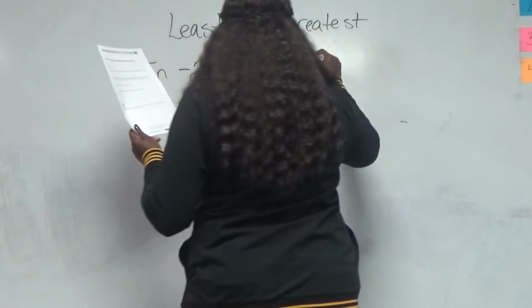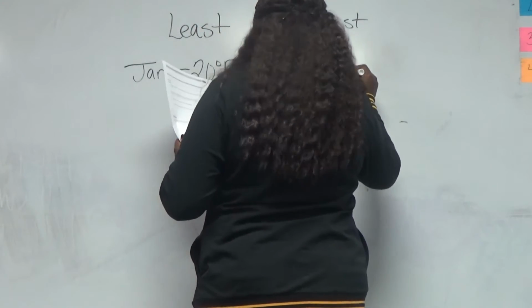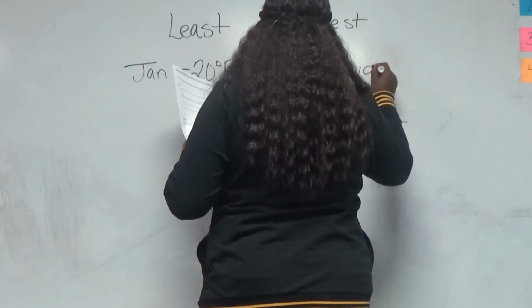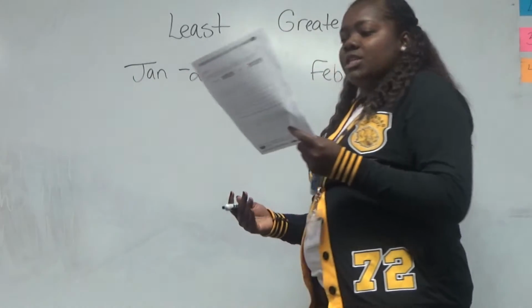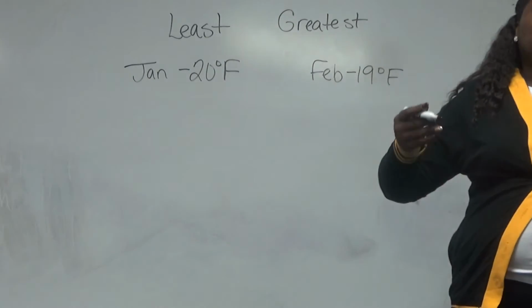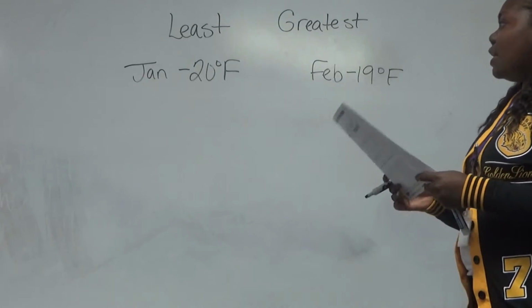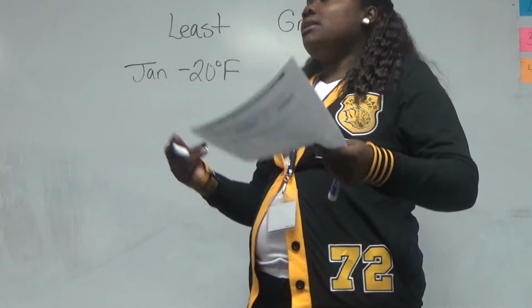And then in February, the temperature was negative 19 degrees Fahrenheit. So I have to decide which one is my least and which one is my greatest number. You can do that by simply using a number line.